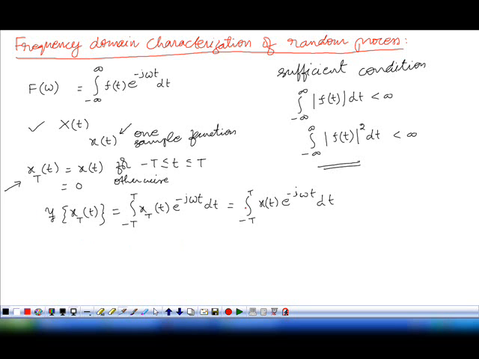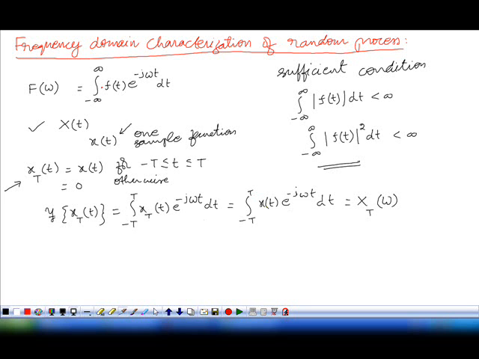And denote this as X_T of omega, so X_T of omega is the Fourier transform of x_T of t, which is equivalent to the integral from minus T to T of x of t e power minus j omega t.